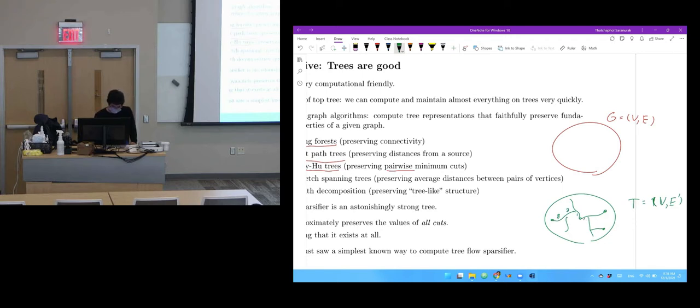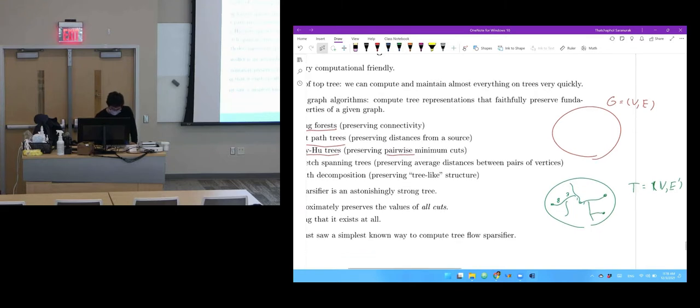And now it turns out that for all S and T in V, the min cut of G between S and T is the same as the min cut in the tree T between S and T, for all pairs.